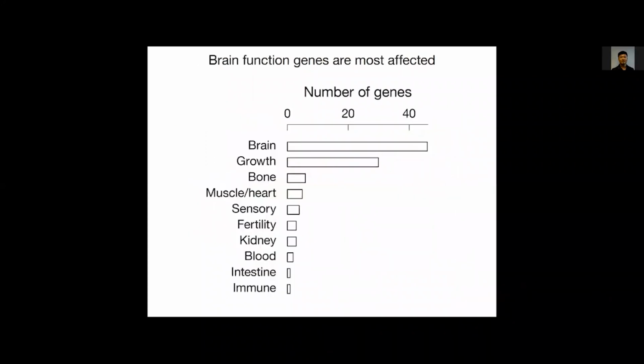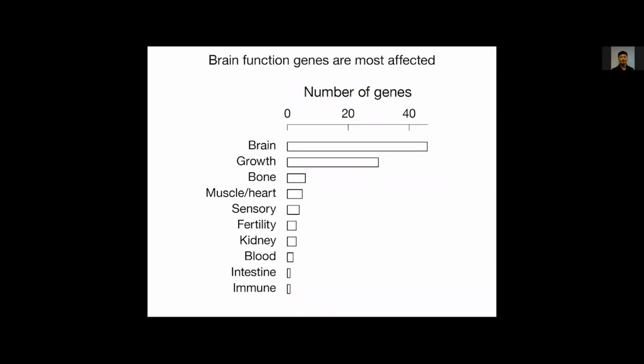So we looked at all the genes that harbor the transposon insertions. We thought growth would be the gene category mostly affected, as that is the one trait that has been artificially selected. But surprisingly, we found that most of the affected genes are related to neurological functions.